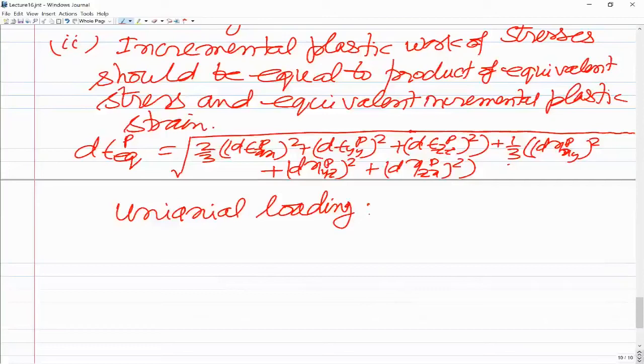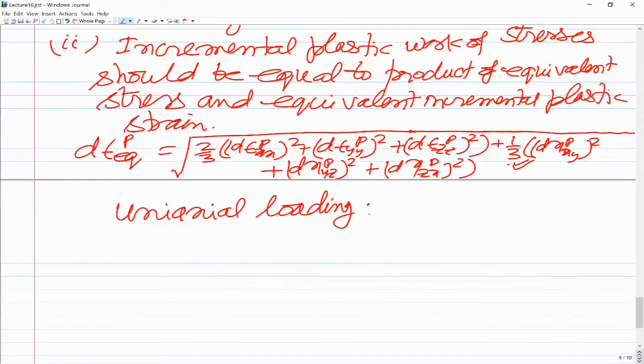Yes, it is somewhat similar. But because I am using the engineering shear strain here, in one it is 2 by 3, and with the engineering shear strain this factor is 1 by 3. That's the difference. It's not exactly the same, but similar to that.